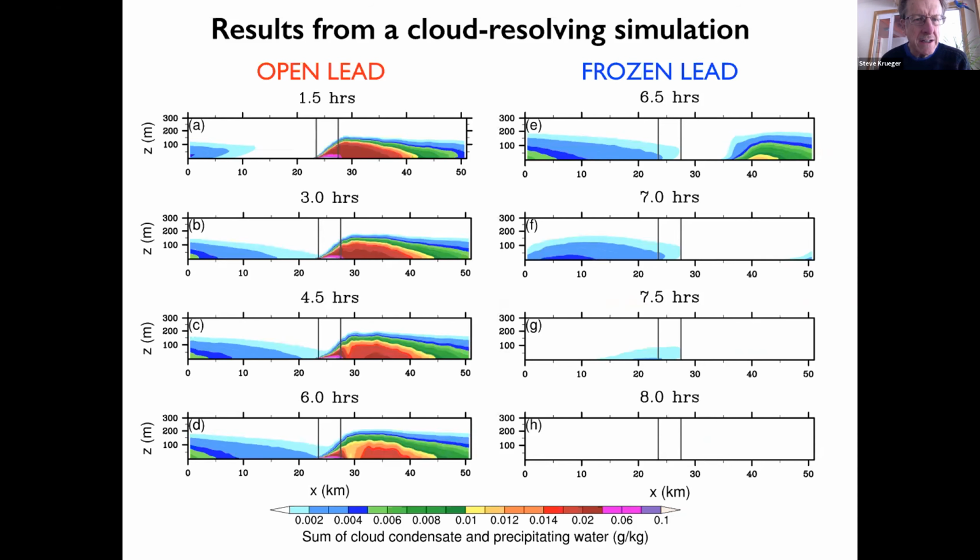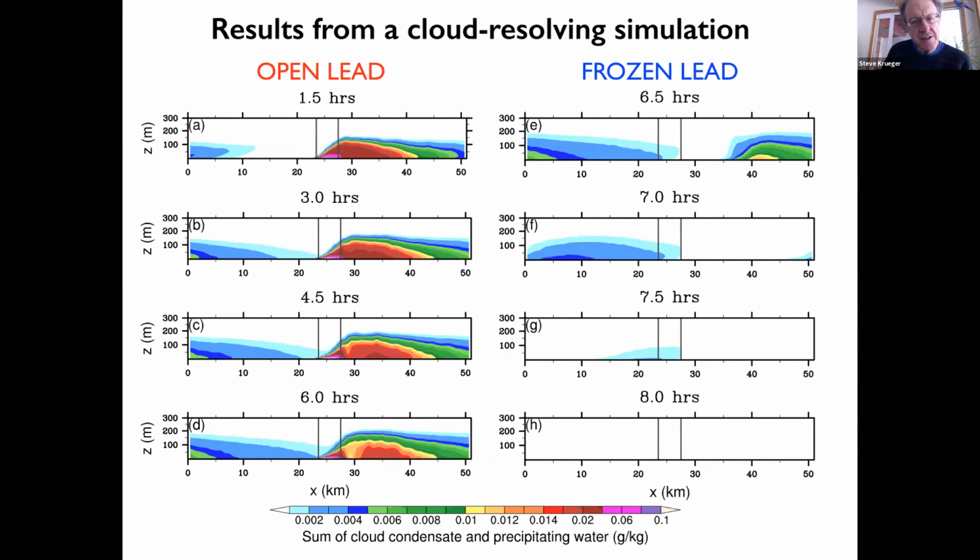This is a wide lead in this case, about 4 kilometers. Once we freeze the lead, the cloud that is now wrapping around the domain is dissipated once it reaches the lead. It does not persist. So the thin ice actually acts to dissipate the cloud.